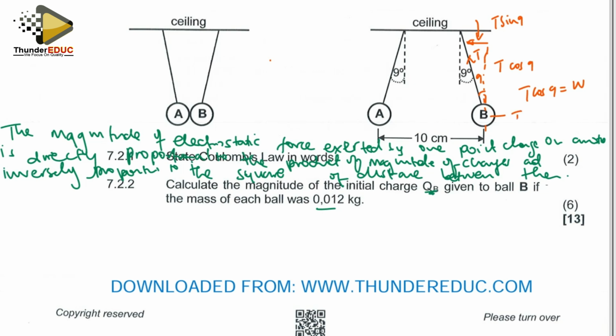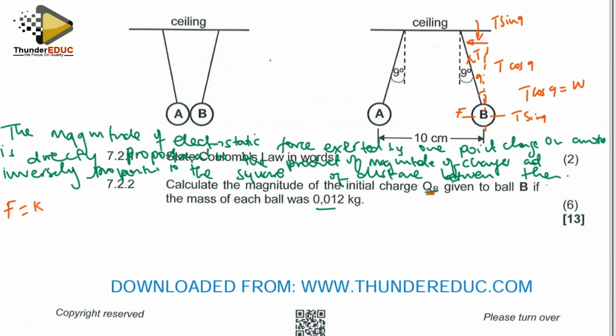Which means that the T sine 9 must be equal to that force of the repulsion. Okay, so that's the scenario that I'm looking at. First, the magnitude of the QB. So I can start by finding the force between them at this point when they are separated.